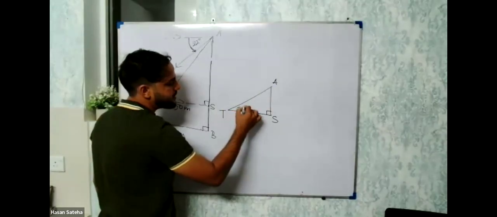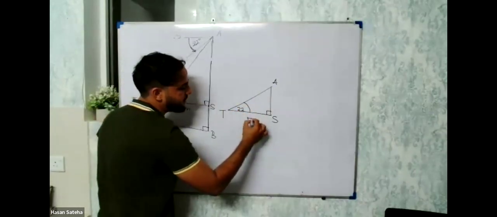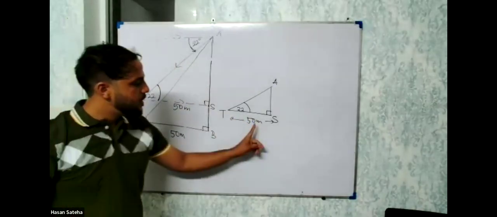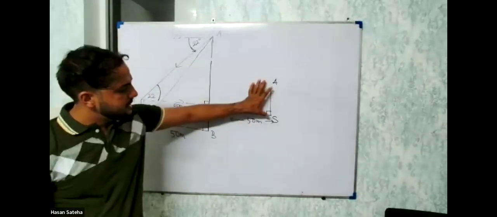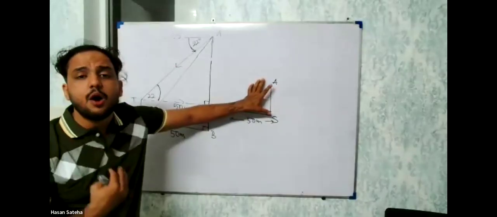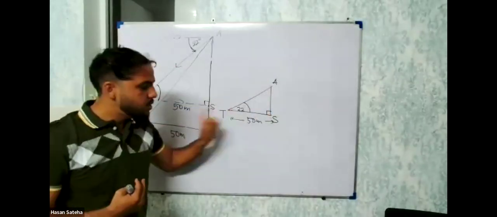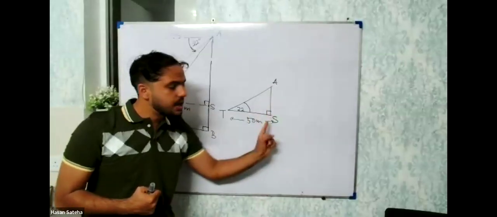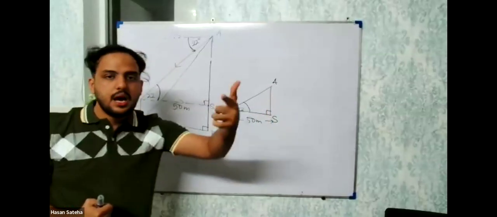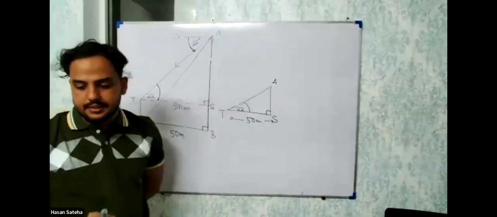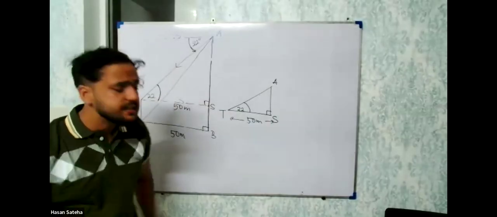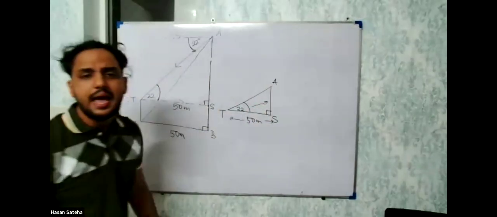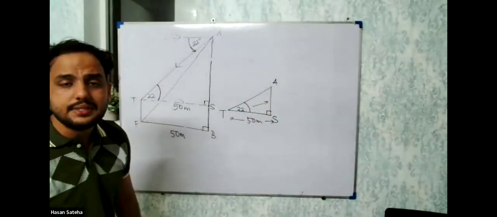They have given that this is 22 degrees and this is 50 meters. Now we need to find the unknown side, and you have the angle. In relation to the angle, is this unknown side opposite, hypotenuse, or adjacent? Opposite. You can see this side here is right opposite to the angle. So that is your opposite side.